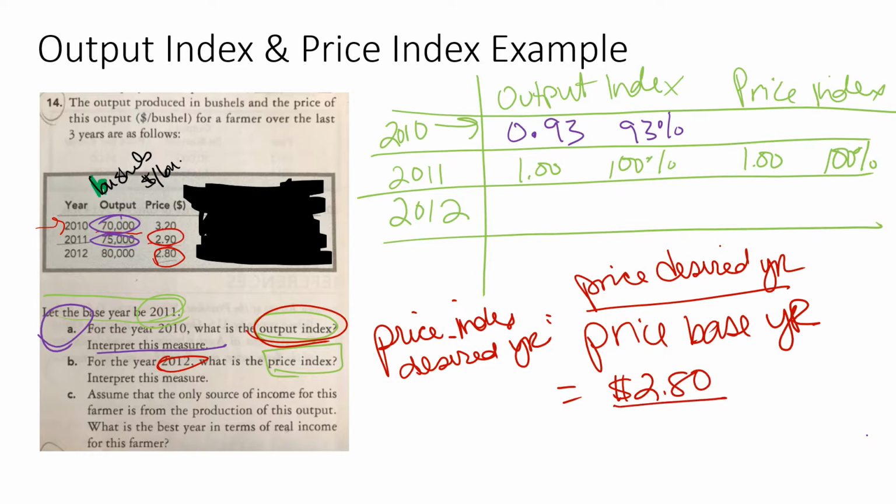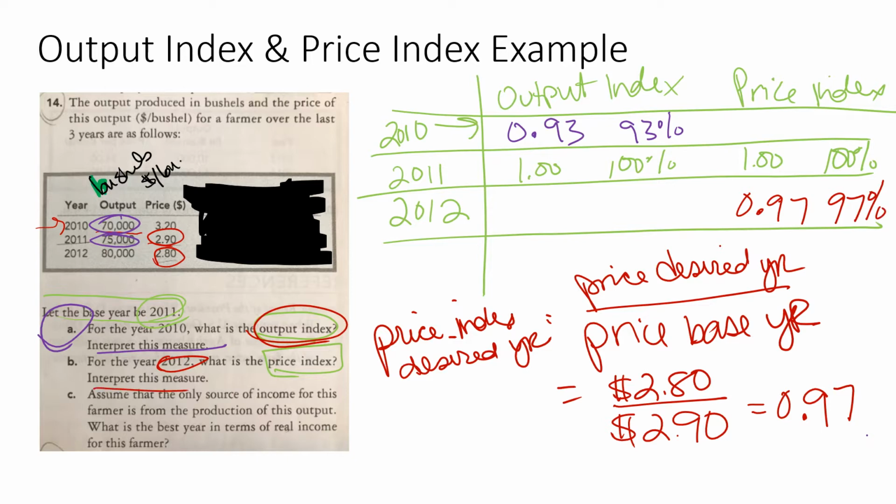Price of our base year is $2.90. So 280 divided by 290 equals 0.97. So our price index for 2012 is 0.97, and that is 97%. Also, it says interpret this measure. I would say something like the price in 2012 was 3% less than the price in 2011. So that's how you can interpret that.